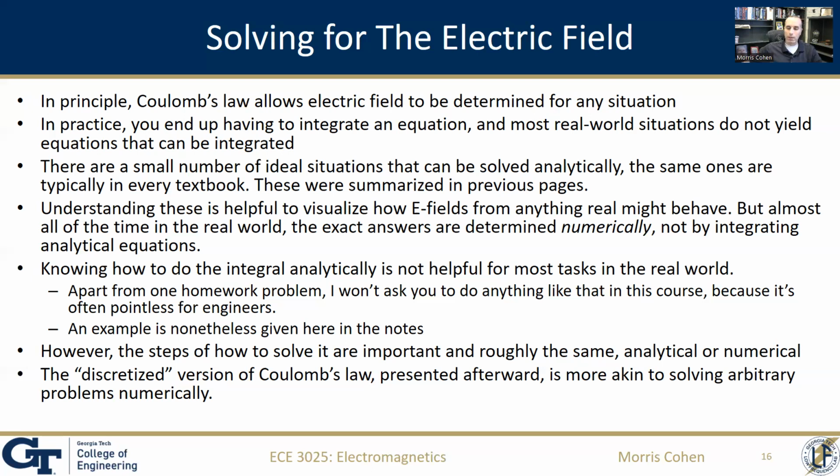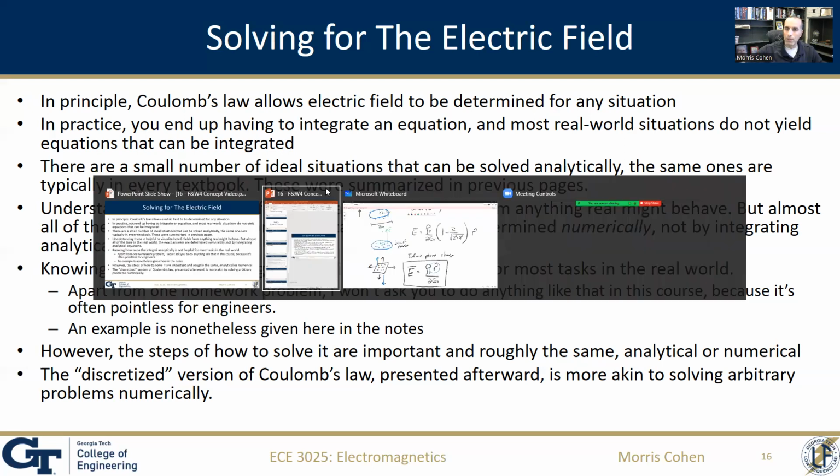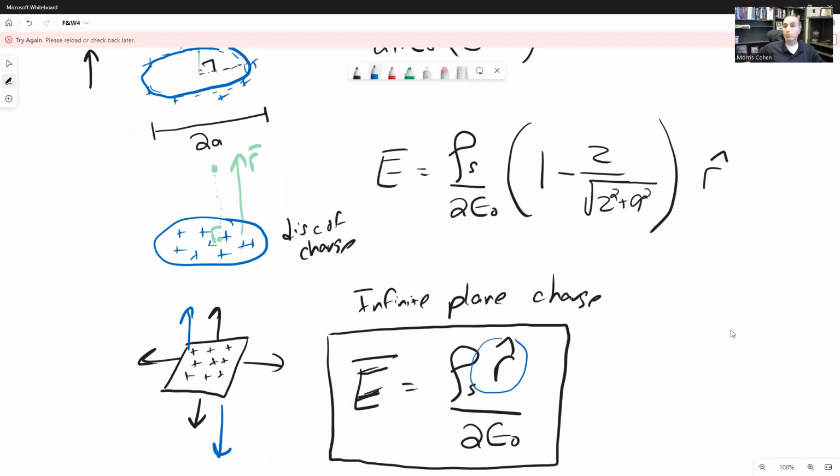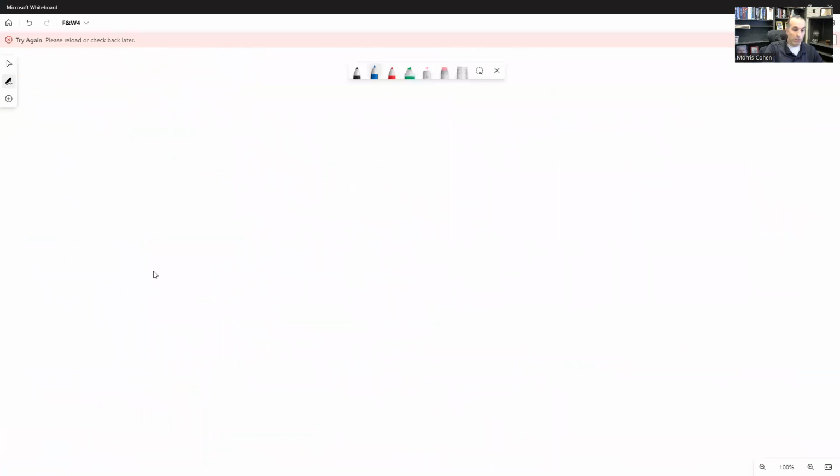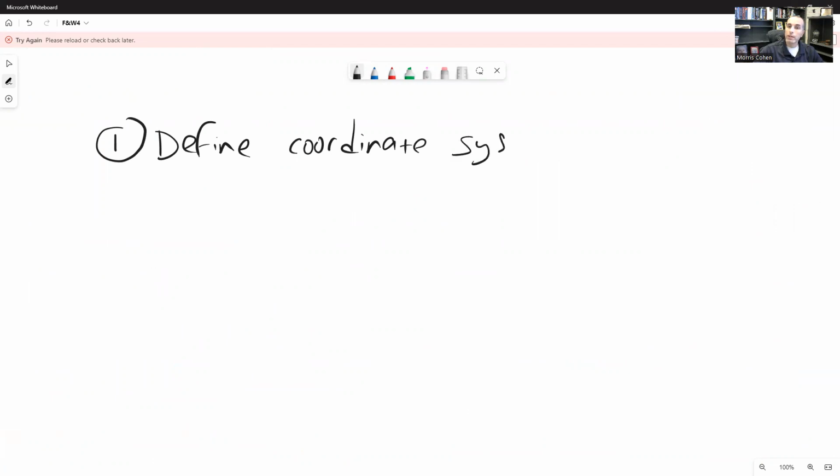There's basically a simple set of steps that you would apply. And this works if you're doing this analytically, but it also would work if you're solving this numerically. And those steps are basically, number one, define a coordinate system. Is it Cartesian? Is it cylindrical? Is it spherical? Define a coordinate system.